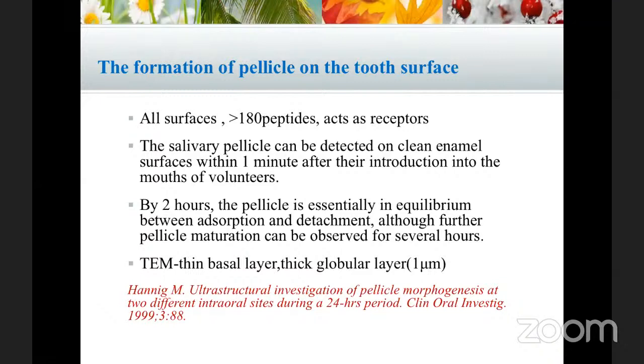The salivary pellicle can be detected on a clean enamel surface within 1 minute after its introduction into the mouths of volunteers. This was the study of Hannig et al. By 2 hours, the pellicle is essentially in equilibrium between adsorption and detachment, although further pellicle maturation can be observed for several hours.